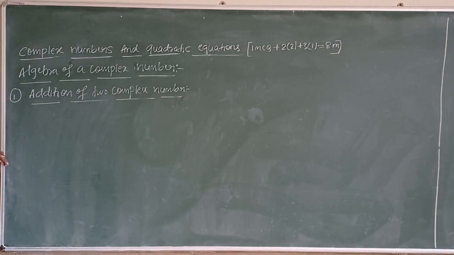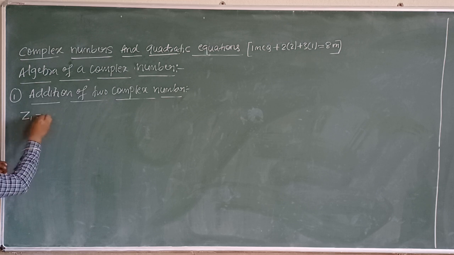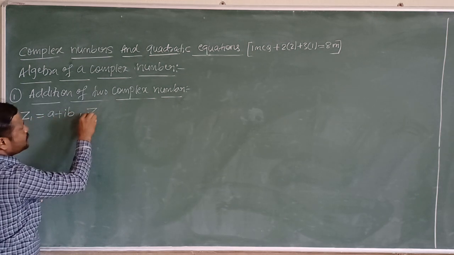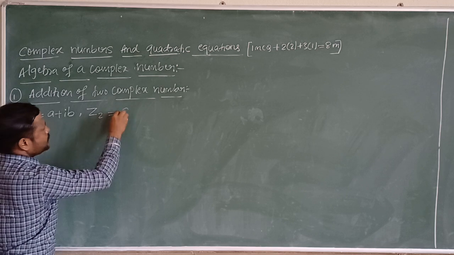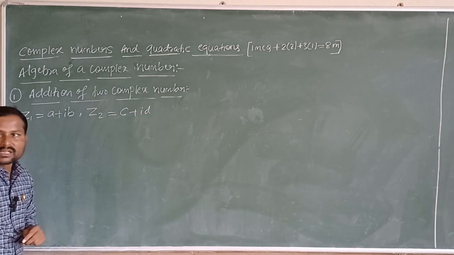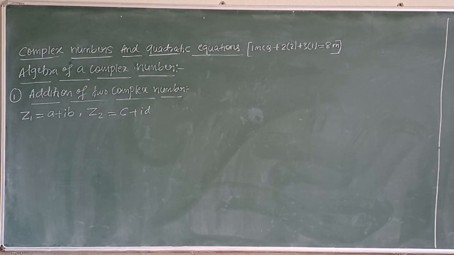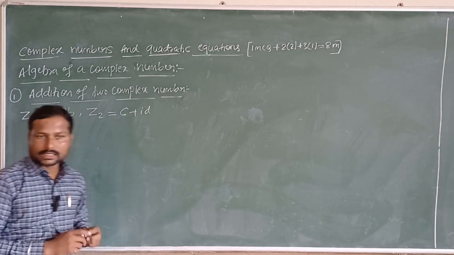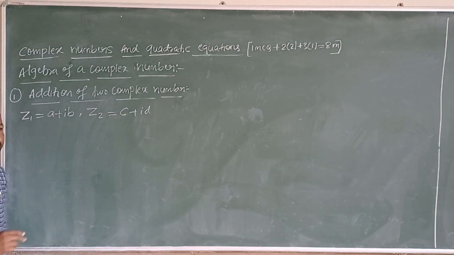Let us take z1 as the first complex number, a plus ib, and the second complex number z2 equals c plus id now. We have considered these complex numbers, z1 is a plus ib and z2 is c plus id. Now we try to add these two complex numbers.